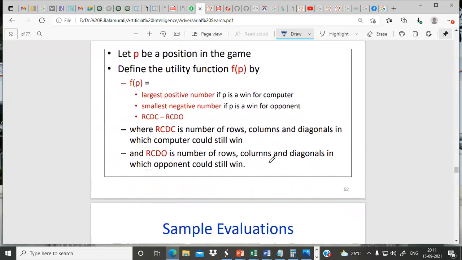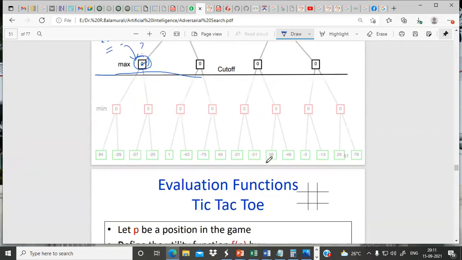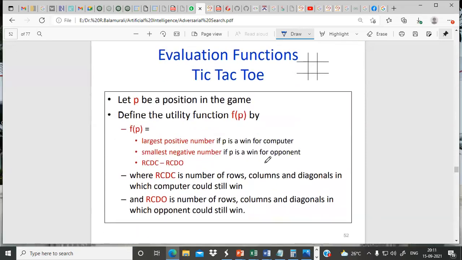So how to apply this evaluation function, you may ask. Let us discuss an example with tic-tac-toe. Not with chess, because applying the evaluation function in chess will be pretty complicated. So let us try to understand the application of this evaluation function with a tic-tac-toe game. Let us assume that currently we are in the position P. If it is the computer's move, the computer is the max player, so the computer will select the largest positive number.